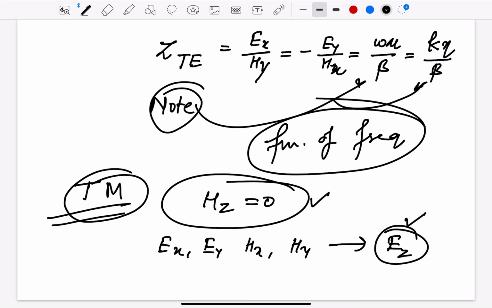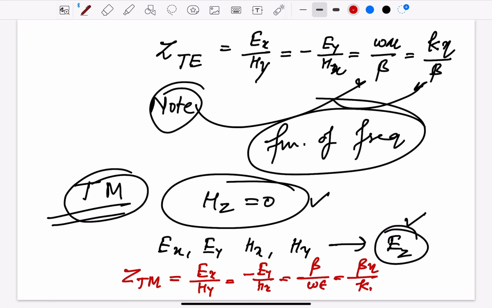That differential equation will give you the solution, which can be used to estimate the transverse components Ex, Ey, Hx and Hy. Similarly, you can define the wave impedance for the TM mode: Ex over Hy is equal to minus Ey over Hx, which is equal to β over ωε, and βη over k. Again, this is a function of frequency.